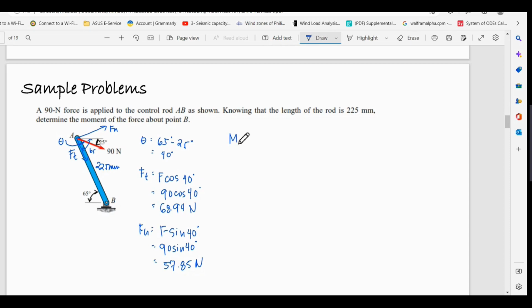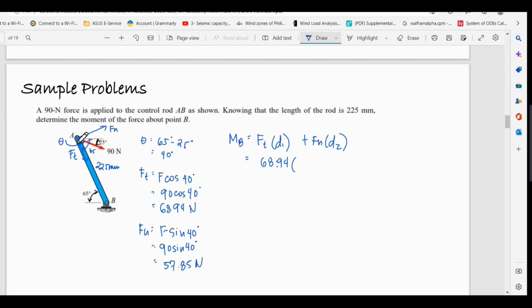Sabi natin kanina, moment at P is equal to the moment of the components of the forces. So we have Ft multiplied by the distance perpendicular to our point P plus Fn multiplied by the distance perpendicular to our point P. So yung Ft natin is equal to 68.94. So ano yung magiging distance perpendicular to our point P?